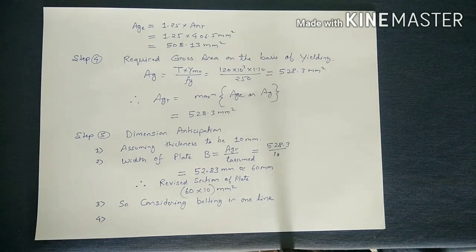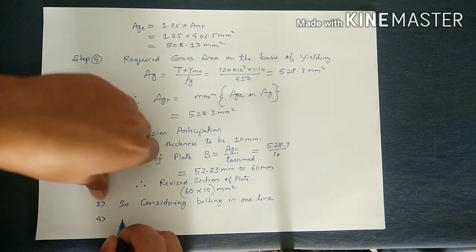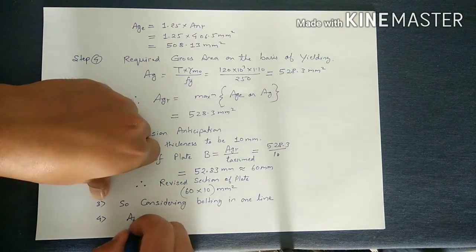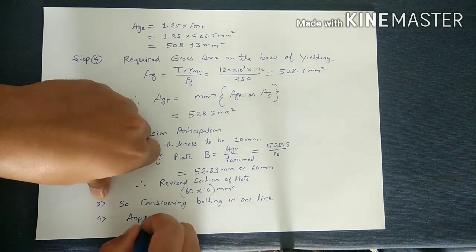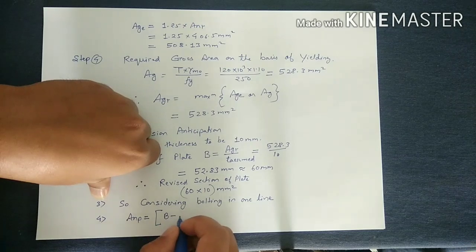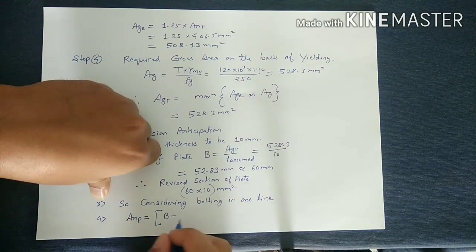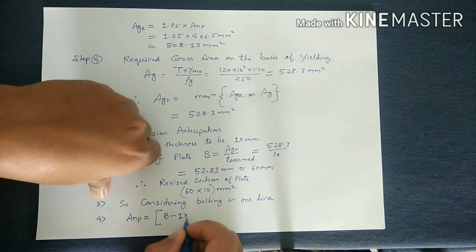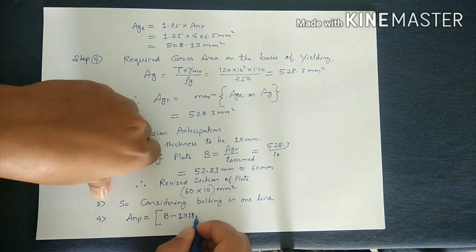So the net provided area when bolting in one line should be equal to Anp equals B minus n, here n will be 1 as bolting is in one line, into dia of hole, that is 18, into thickness of the plate.